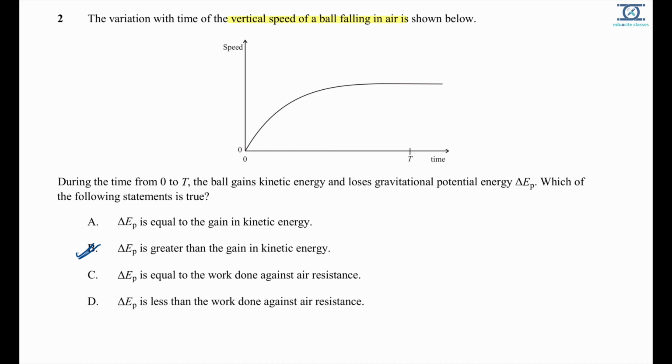Therefore, the initial energy is always greater than the final energy, because some energy will be lost during the process. But if there is no air resistance and nothing, then we can say the gravitational potential energy will be equal to the kinetic energy.